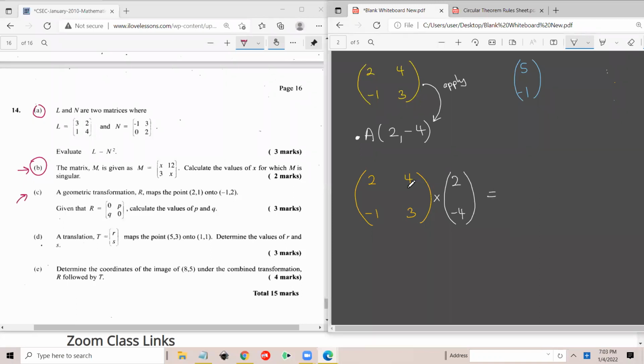Do you think you all could apply the orange matrix to the point A and tell me what the new coordinates will be? How much would A dash, A prime, be? Let the -4 swing to the top. This is my own made-up example. We'll go back to the question just now, but follow along with this question.